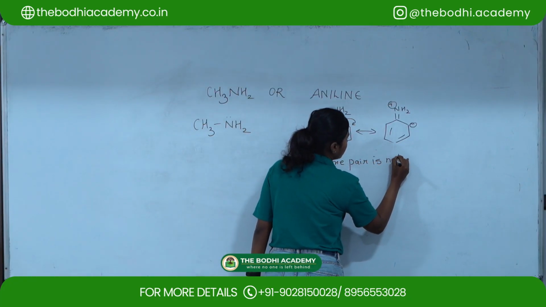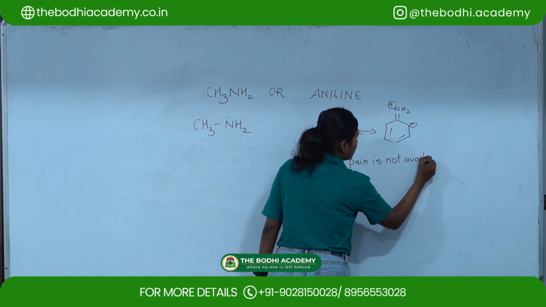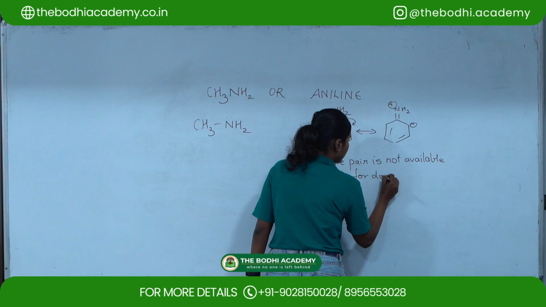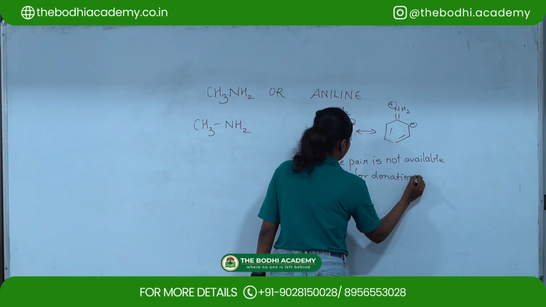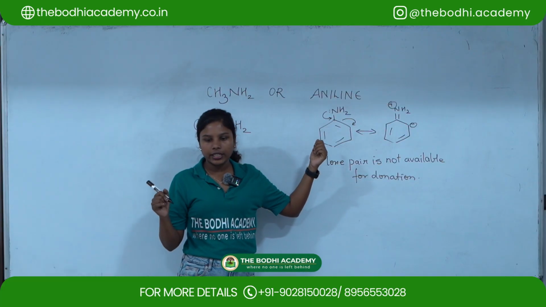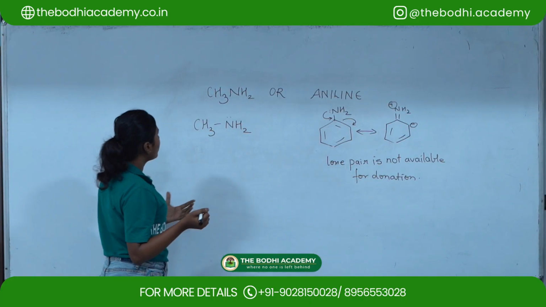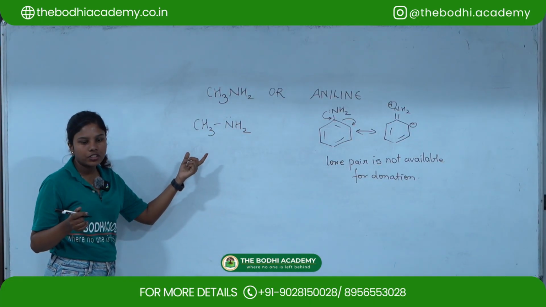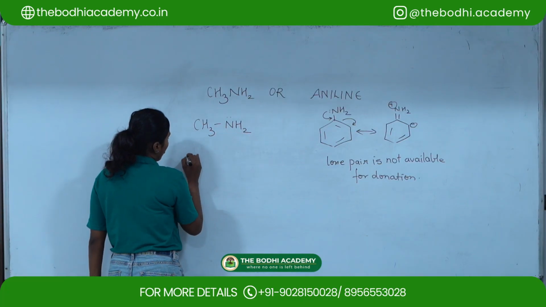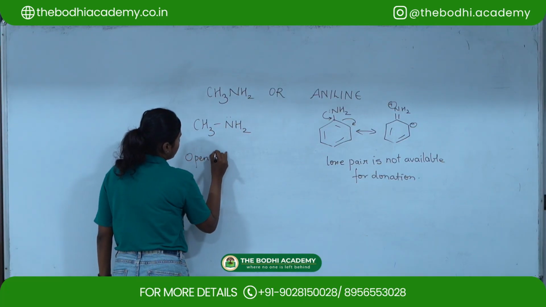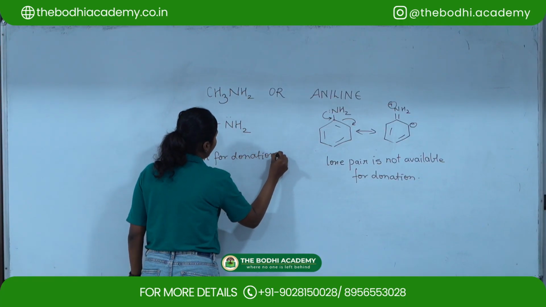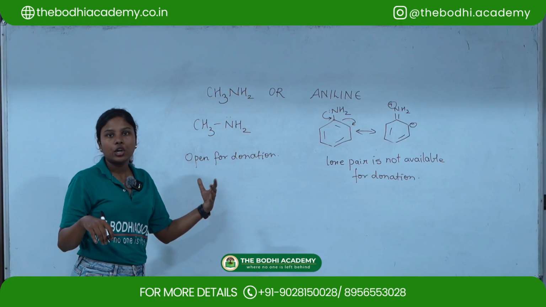Why is it not available? Because it is participating in the resonating structures. But if we look at CH3NH2, this lone pair is open for donation, as in it can form a further bond.